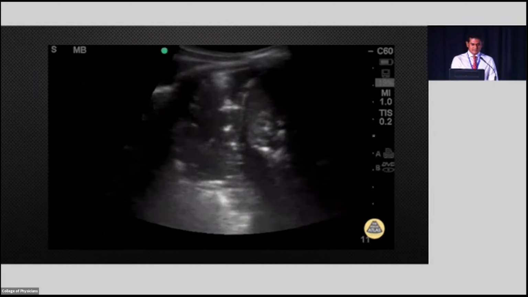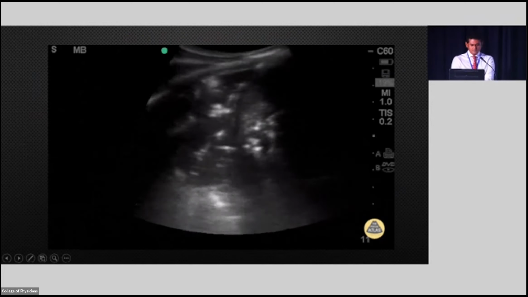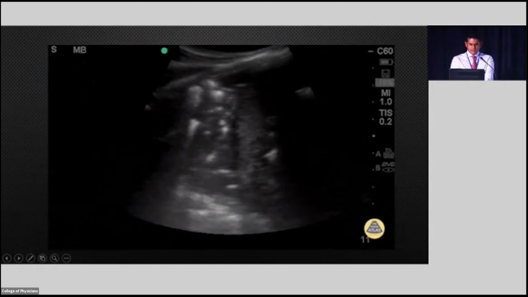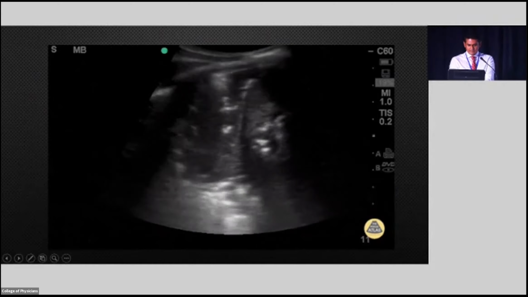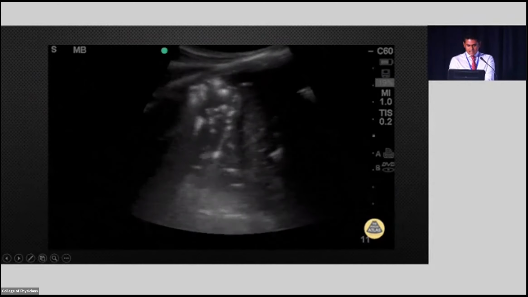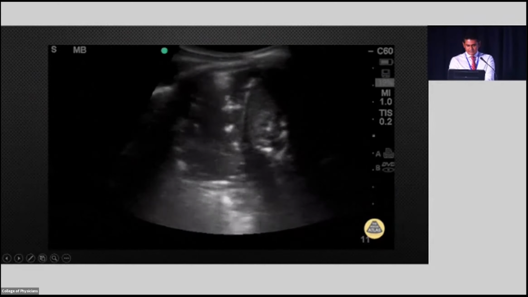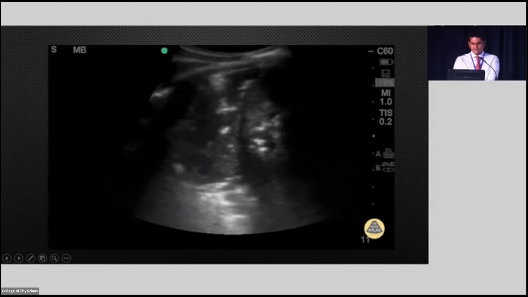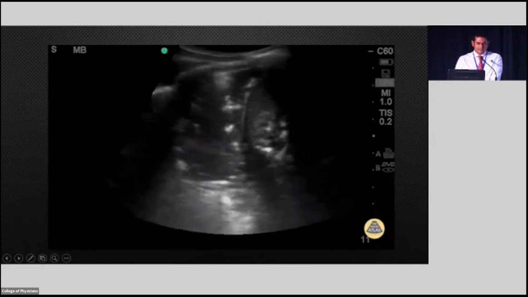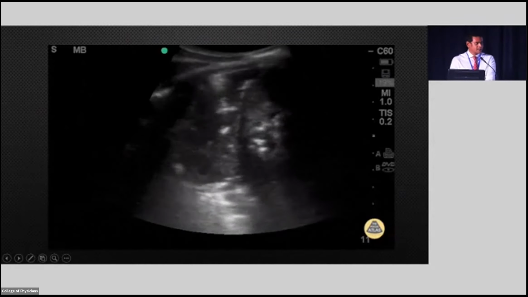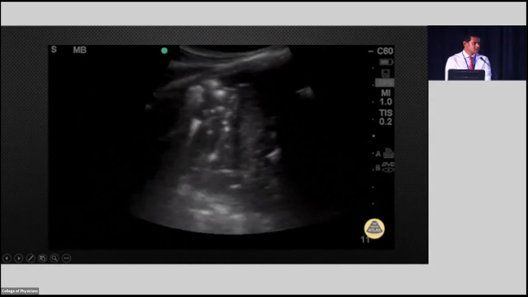So we scan the lung, and just to orientate you all, this is the liver down here, and this area is the diaphragm, and you can see something very similar to liver here in the lung fields. So this is something like a hepatization. So this is a consolidation.